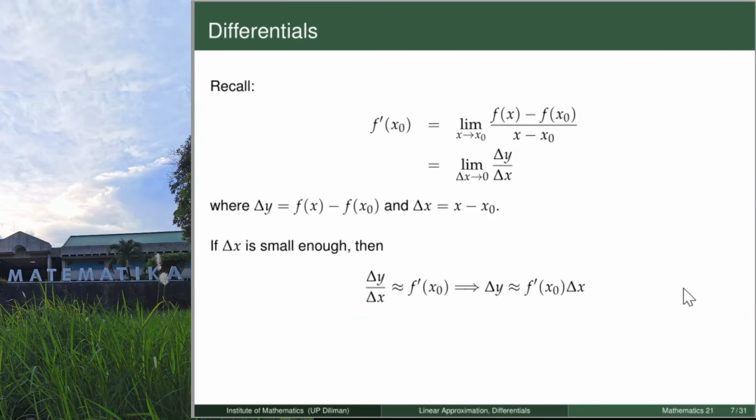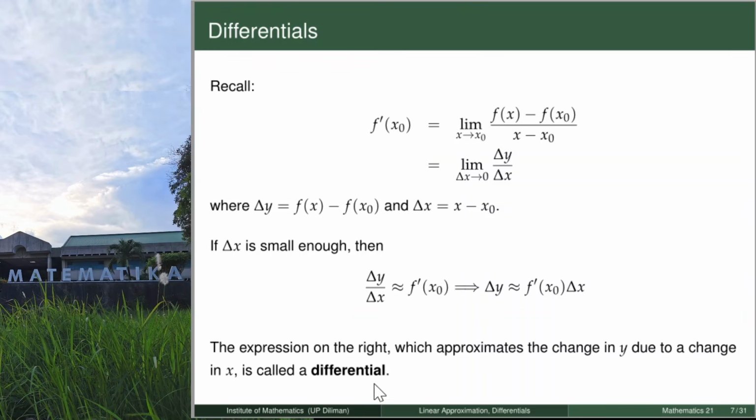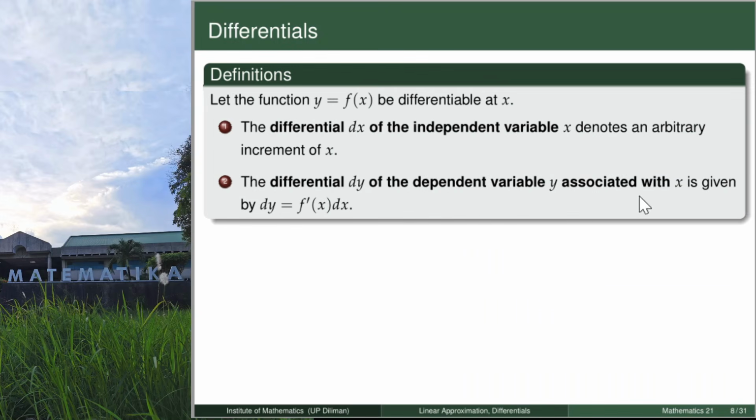How do we read this? This reads as delta y is approximated by f prime of x naught times delta x. And this expression on the right is actually called a differential. In fact, this is the differential of y. And this is our definition.